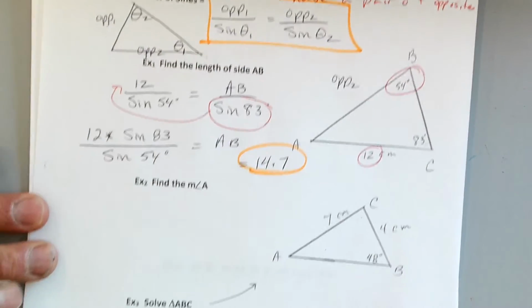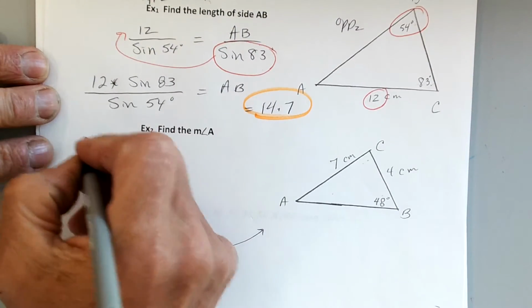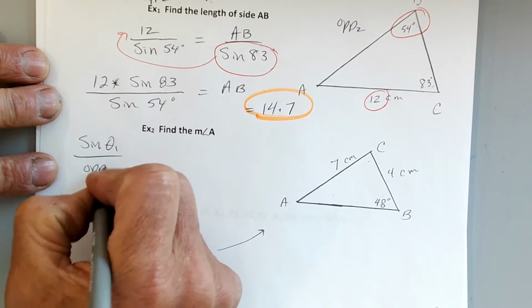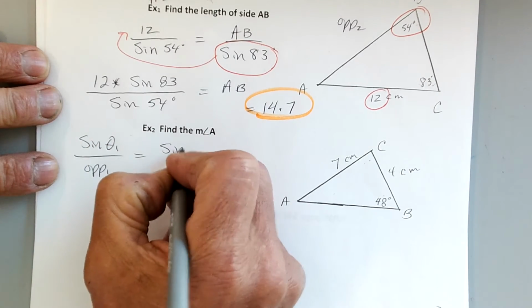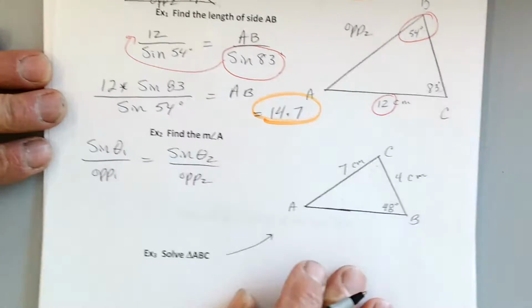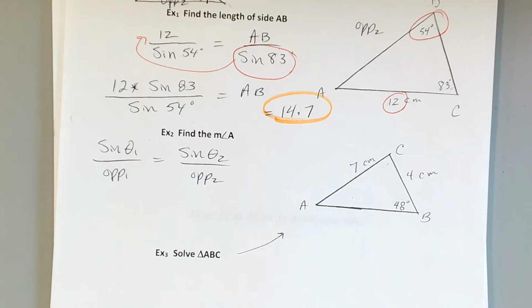You don't have to. It's just easier to solve. So let me rewrite my formula. Sine of theta 1 over opposite 1 equals sine of theta 2 over opposite 2. It just makes it easier to solve if your unknown is on top. Does that make sense? If your unknown is on the top of the fraction, it just makes it easier to solve, okay?